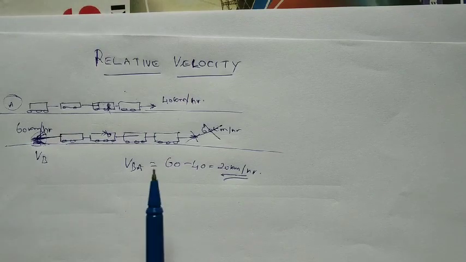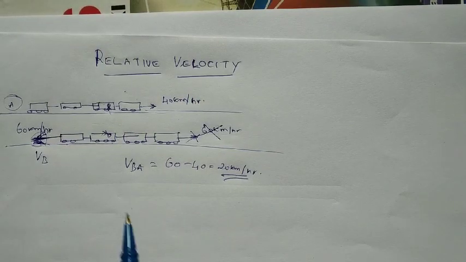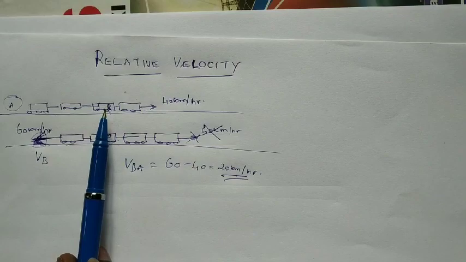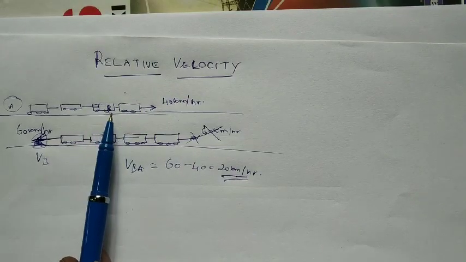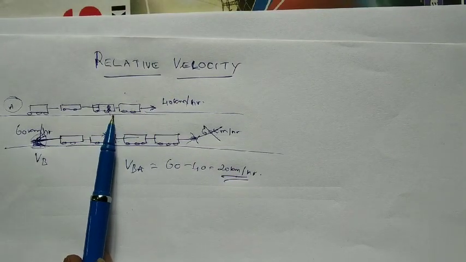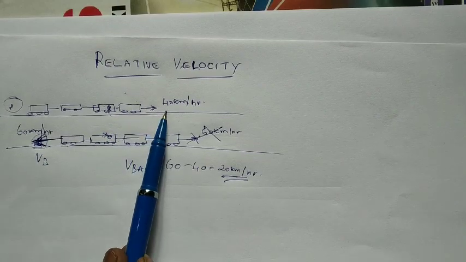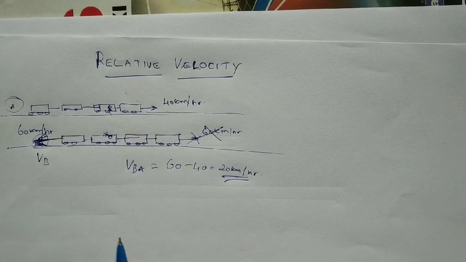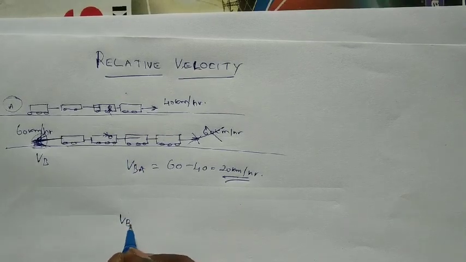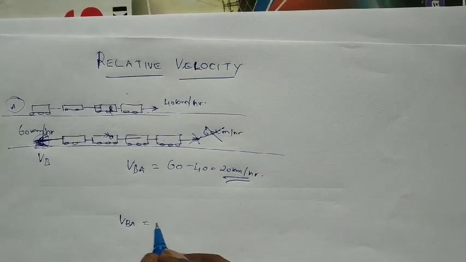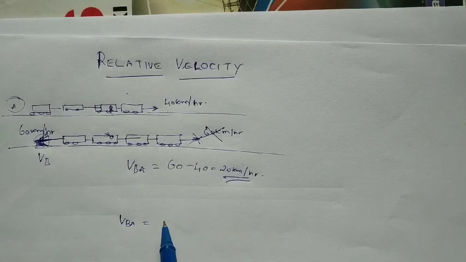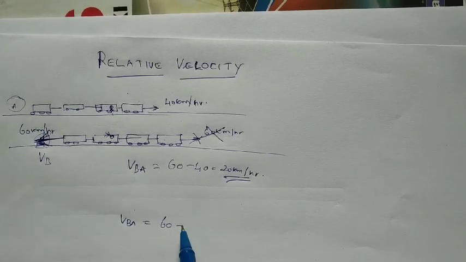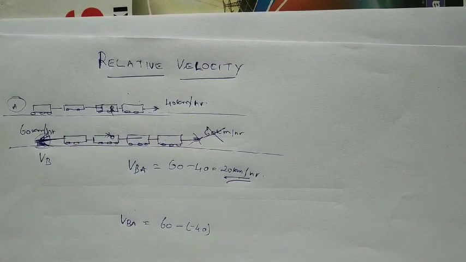Have you seen that? What you are actually doing here is, you are again considering yourself to be at rest. When you consider yourself to be at rest, you are trying to impose your velocity on this one. It is already going in an opposite direction. So VAB is equal to 60 minus of minus 40.